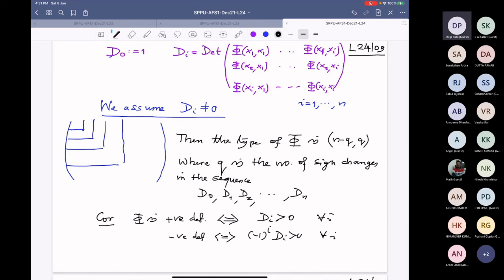And positive definite means there is no sign change. And if you see, the proof will depend on a classical theorem, what one learns in theory of equations, Descartes' rule of signs. So I will not go more into details and I will stop here. I will end my course.